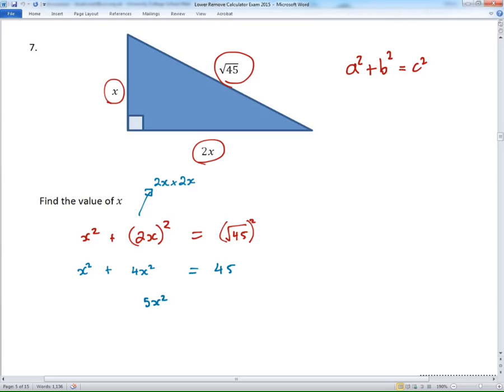Simplifying, we have 5x squared on the left-hand side is equal to 45. Now again, remembering order of operations, x was squared and then multiplied by 5, so we're going to divide by 5 first, and then square root, leaving you with x is 3 as your final answer.